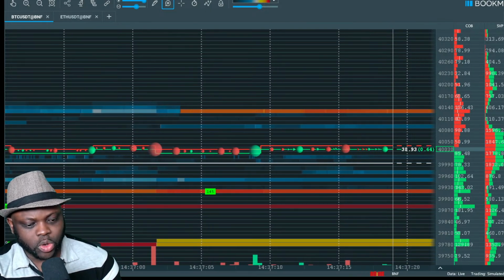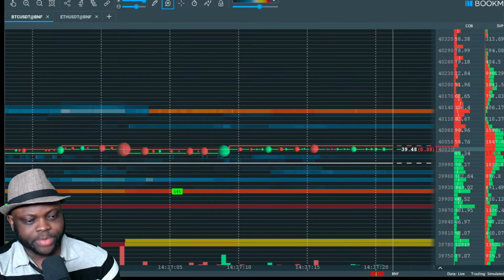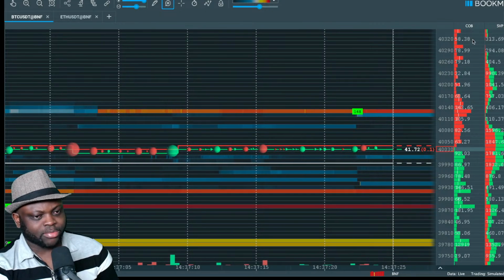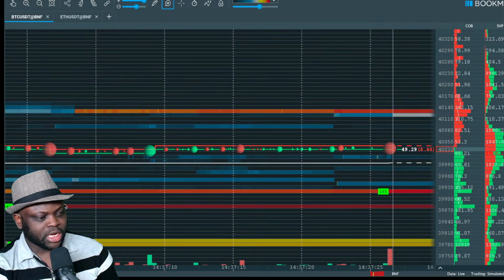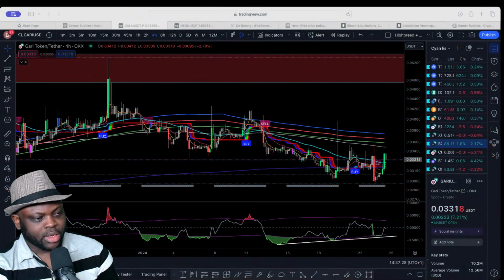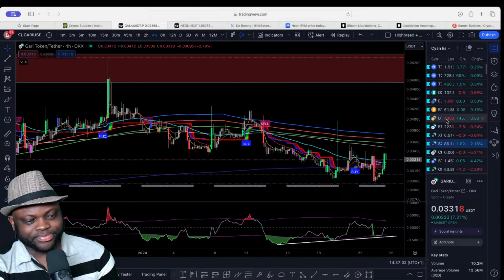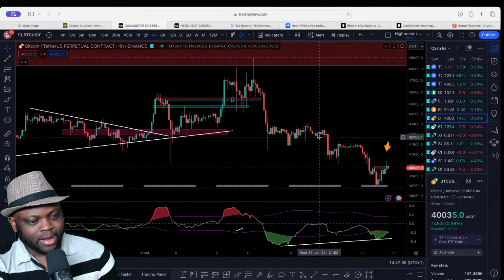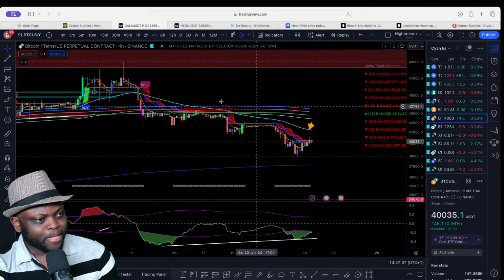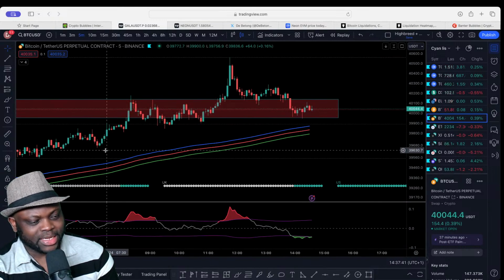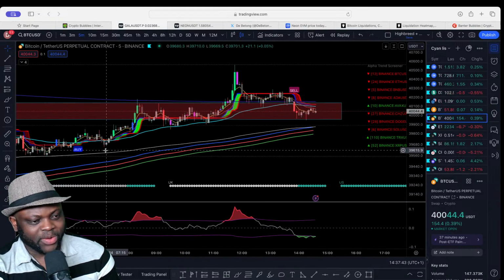So let's go on the chart right now for Bitcoin to see if the same thing is playing out there with the price of Bitcoin. Let's go to the chart to see what is going on with BTC. Okay, now guys, let's go to the lower time frame, the 5 minute time frame, so we can see what is going on here with BTC.